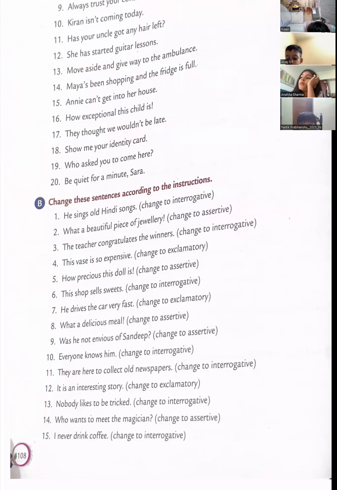Holds goes with she, right? Children, she sings. But if I'm saying, does she sings, is it sounding wrong to you? Please, let's discuss. It's very important. After does, the verb becomes plural, which means you will not add s to your verb.